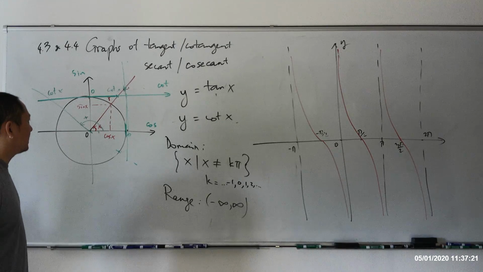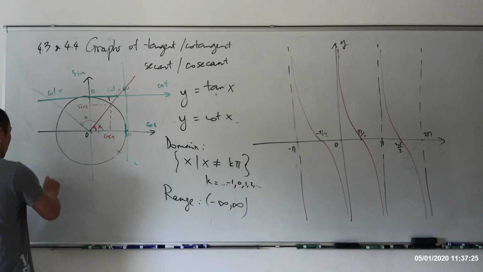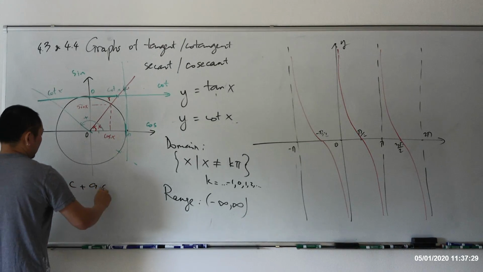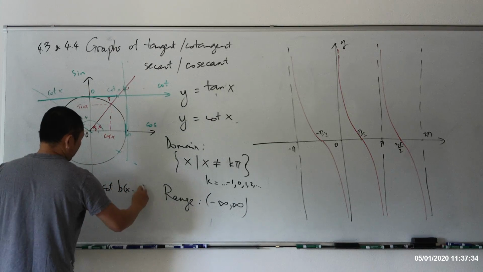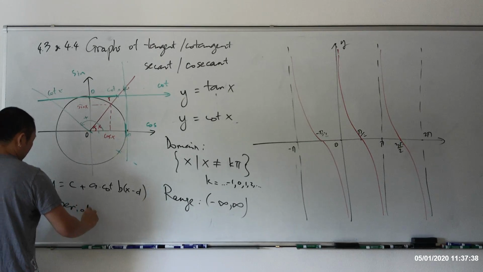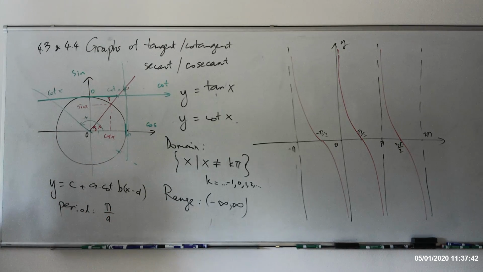Okay. And same idea as for tangent. If you do transformation, you have the general formula, y equals c plus a cotangent of b times x minus d. And the period, same thing, pi over b.